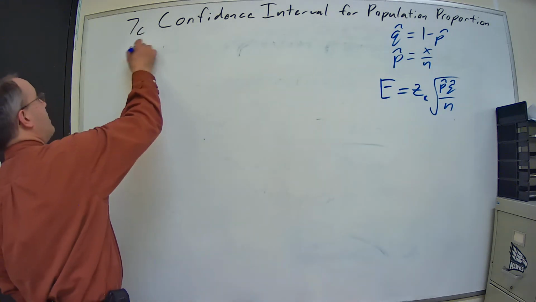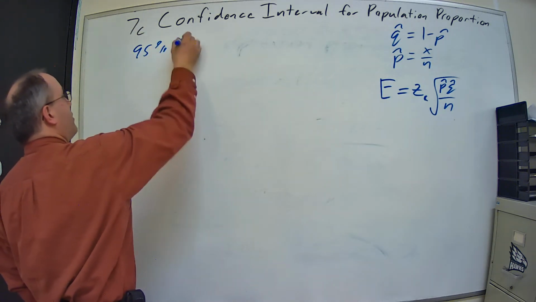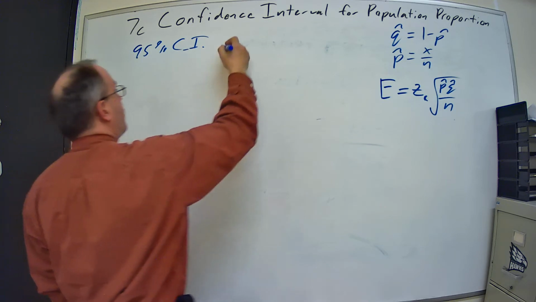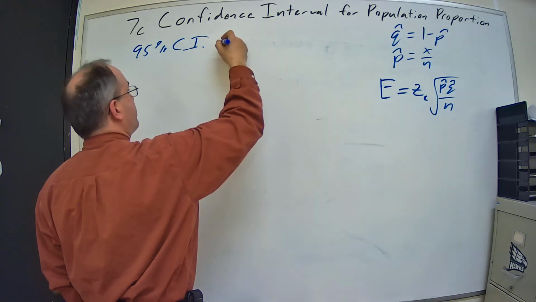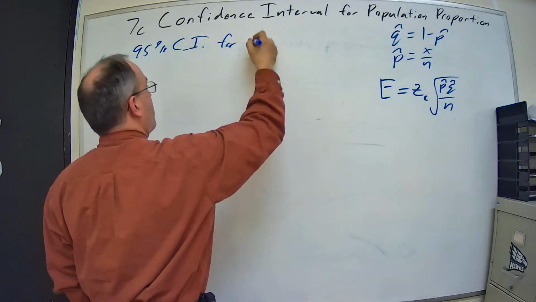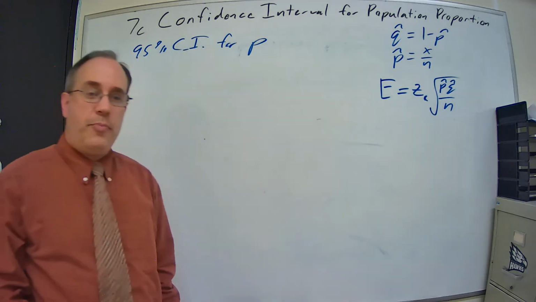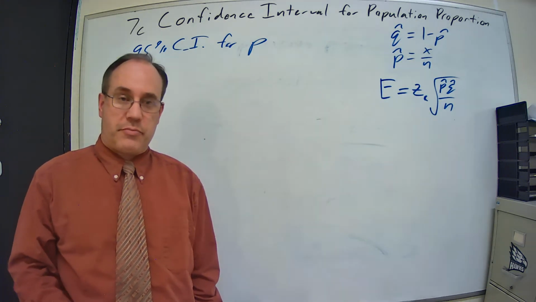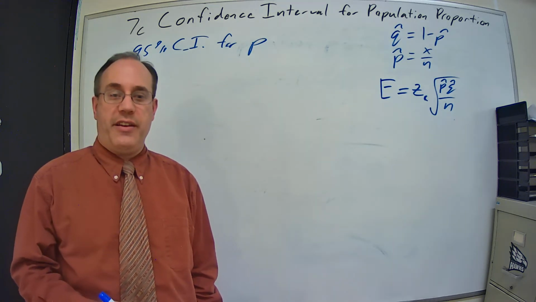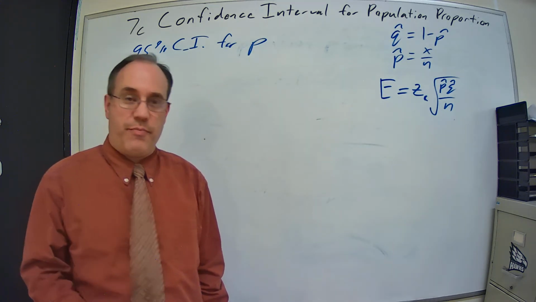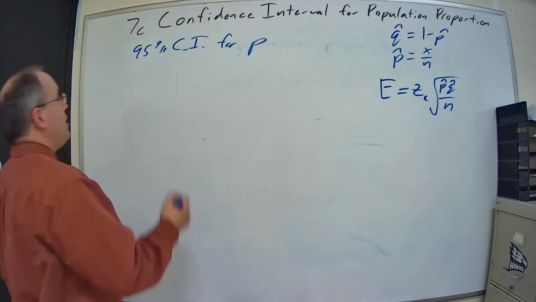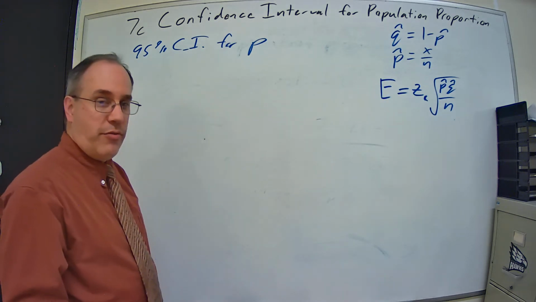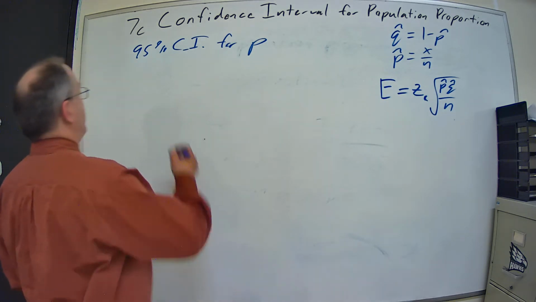So we want to find a 95% confidence interval for the population proportion, or for the proportion of people who think that remote learning is a great way to take classes. We take a sample of 37 individuals.